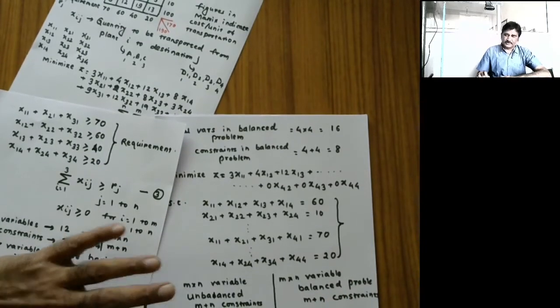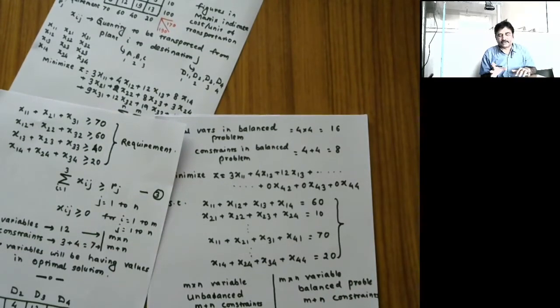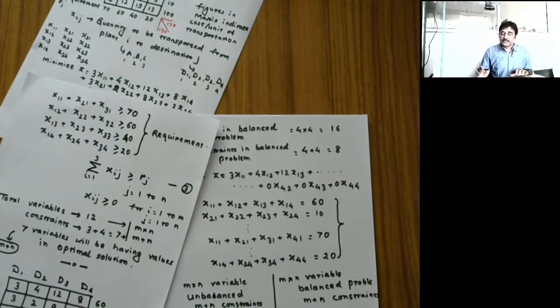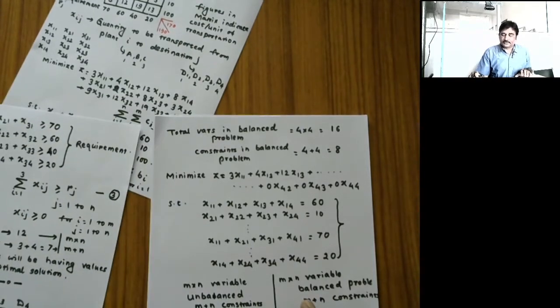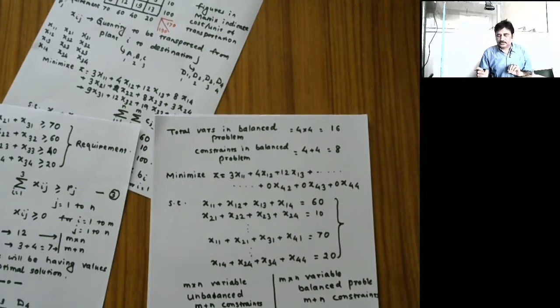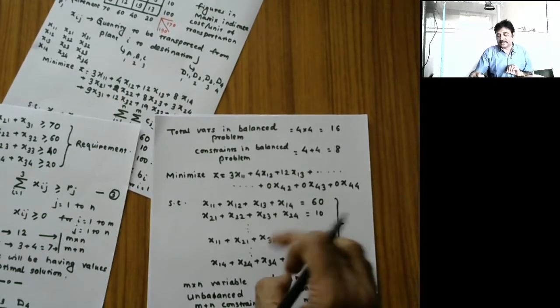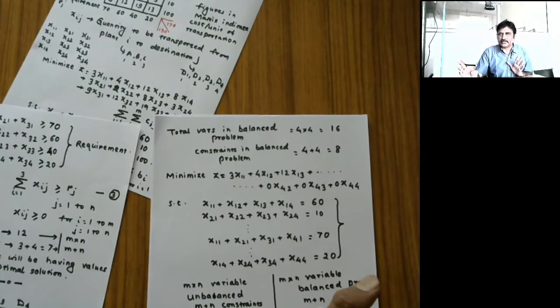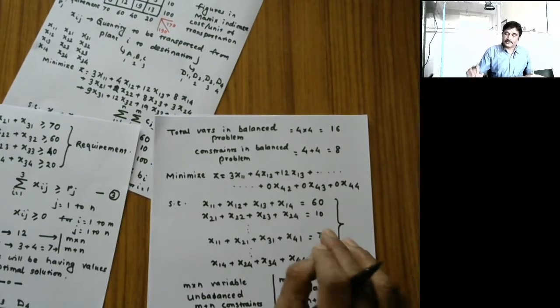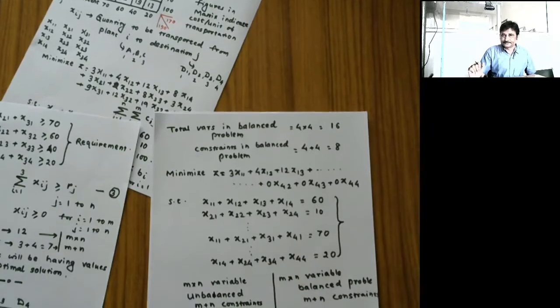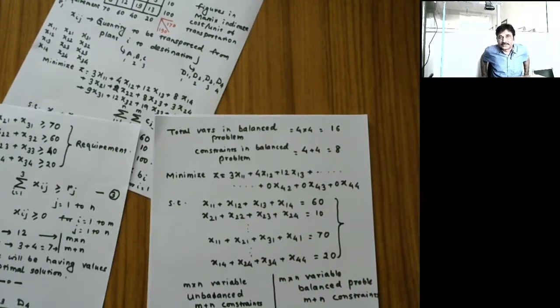In an unbalanced problem, all of them are effective. All 7 were effective. But in a balanced problem, because of the balance, which is a constraint in itself, you can take out one constraint. Anyone you don't like, or anyone by closing your eyes, you can take out one. Still it gets you the same solution.